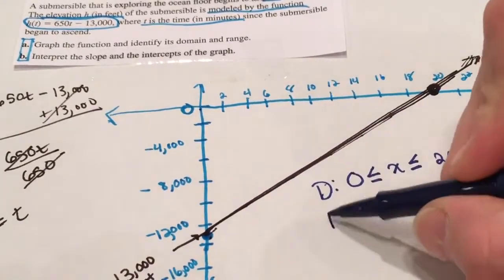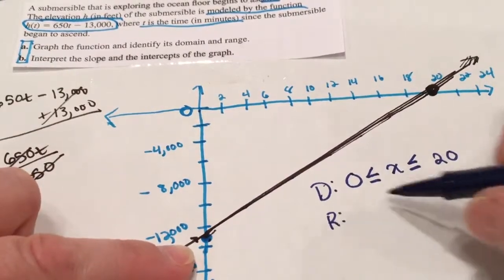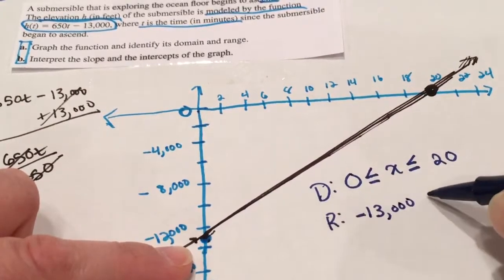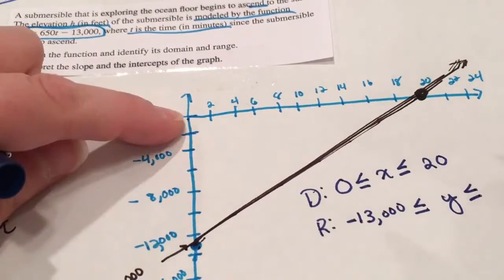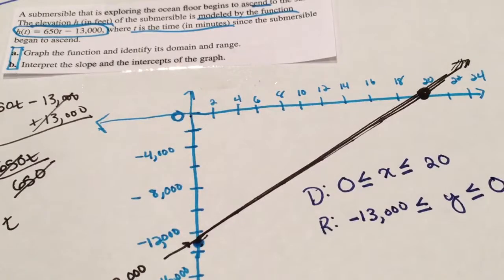The range of this graph, my lowest value on my y is negative 13,000, is less than or equal to y, which is less than or equal to 0. So that's my domain and my range. Okay? All right, so that's part A.